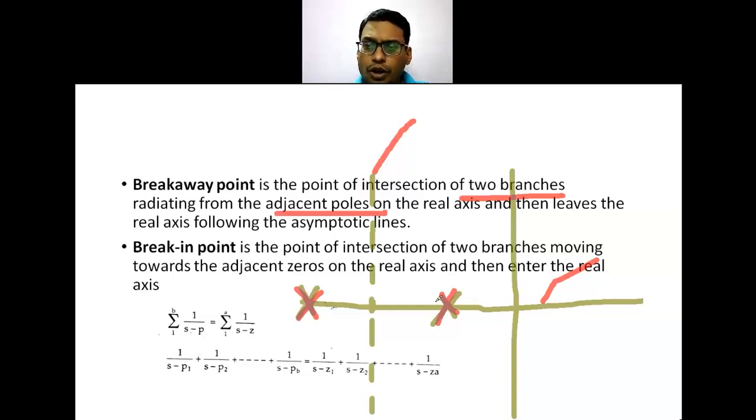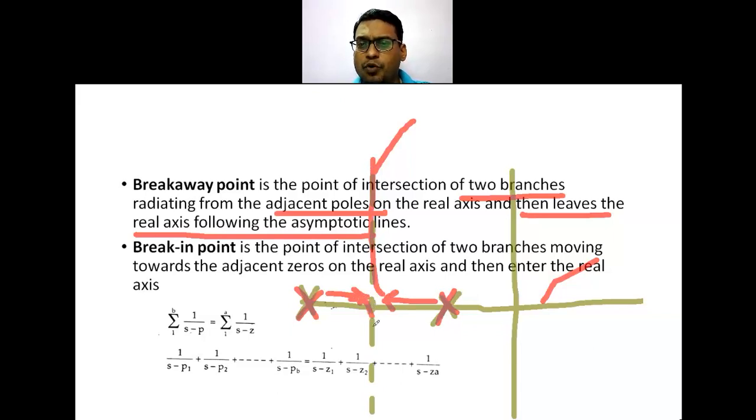From the poles, it will move towards the center of gravity, and then leave the real axis following the asymptotic line. Similarly, from this pole it will follow the asymptotic line.